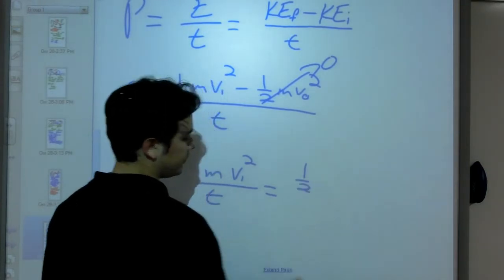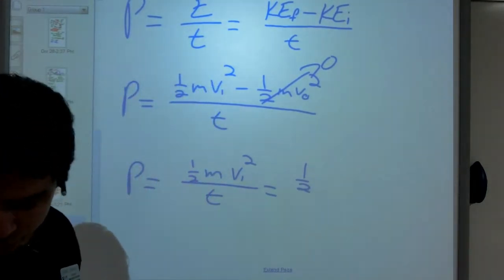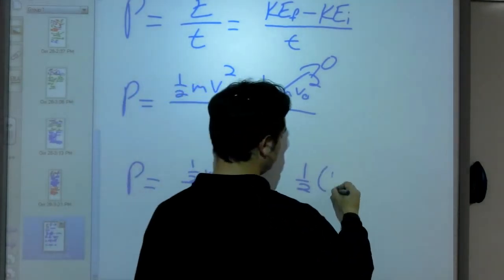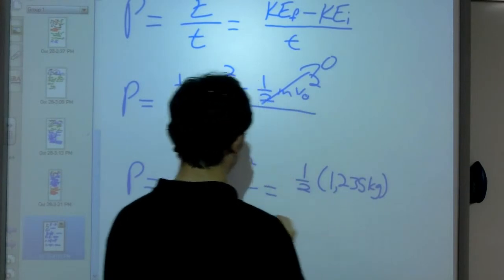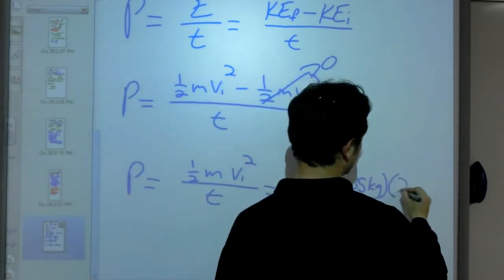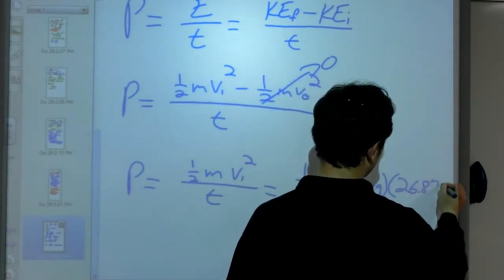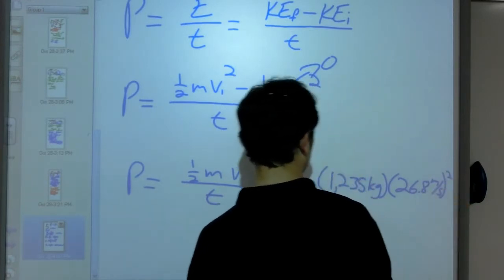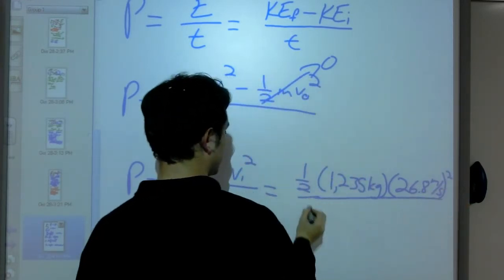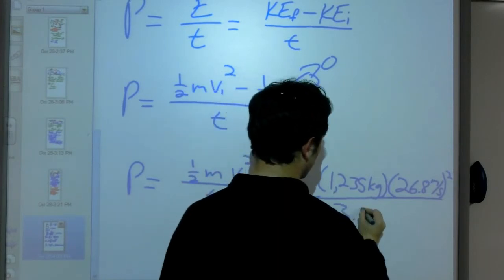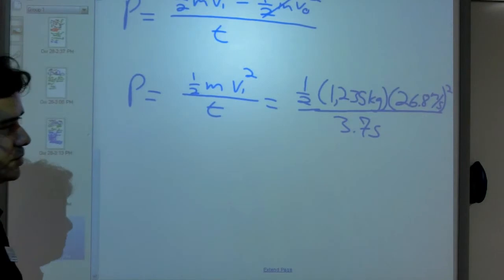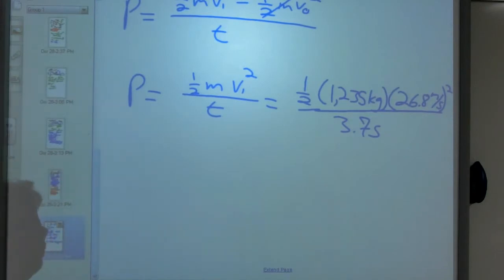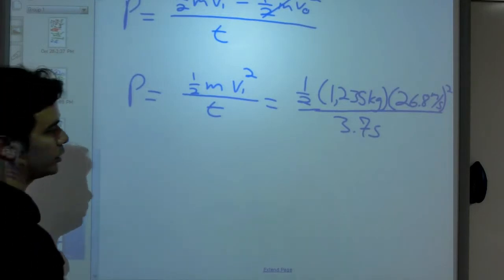Well, 1/2 the mass of the Tesla Roadster, which I looked up, was 1,235 kilograms times V1 squared, which is 26.8 meters per second squared, divided by my total time, which is 3.7 seconds. That's the power required to speed that car up to 26.8 meters per second in 3.7 seconds.